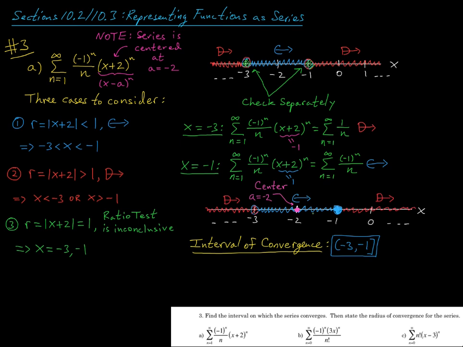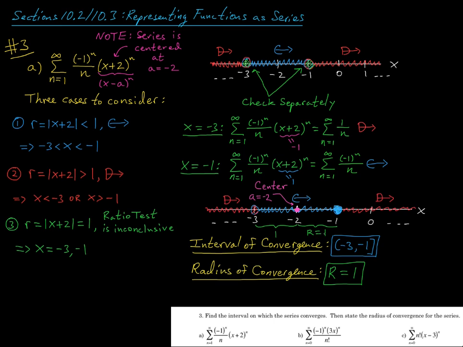And what the radius of convergence measures, it measures the gap between the center of the interval of convergence and one of the endpoints. Okay, so here, that gap is equal to 1, right? The gap between -3 and -2 is 1, and the gap between -2 and -1 is 1.